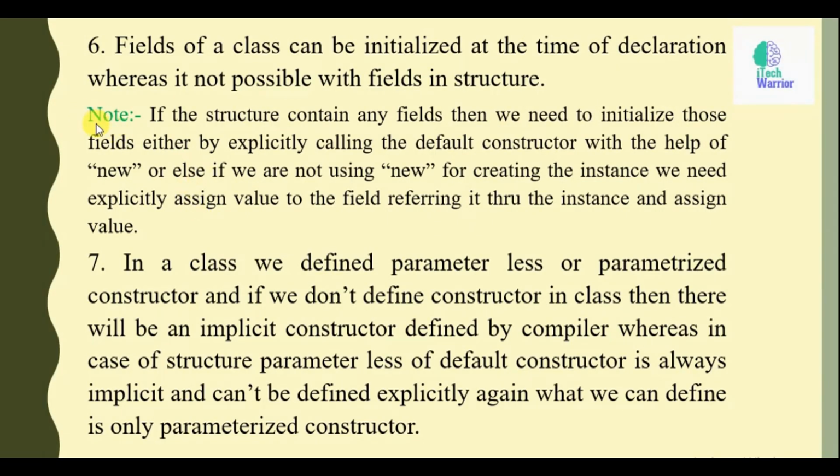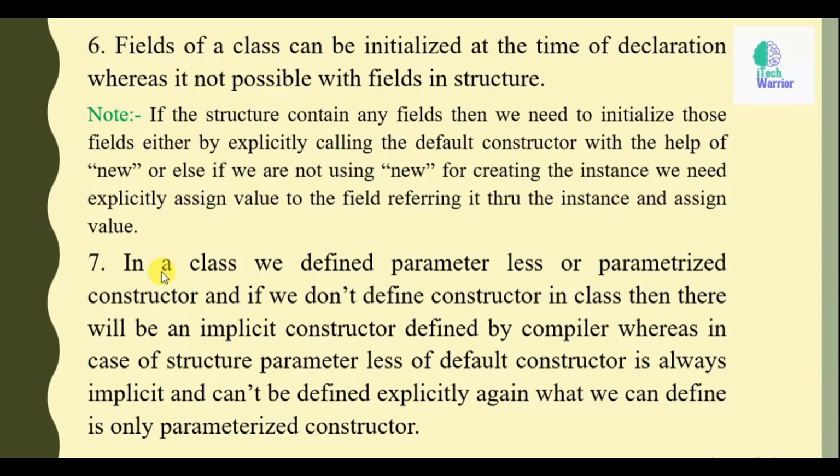An important note here: if the structure contains any field, then we need to initialize those fields either by explicitly calling the default constructor with the help of new, or else, if we are not using the new keyword for creating the instance, we need to explicitly assign a value to the field, referring to it through the instance.